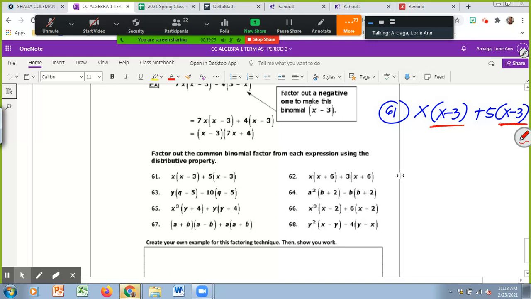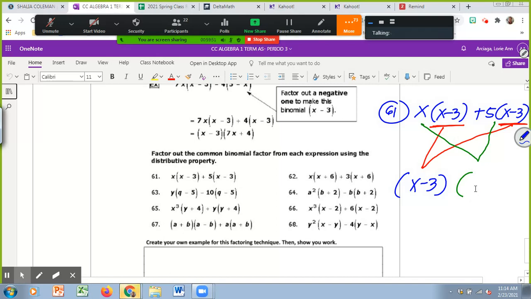They're called binomials because they have two terms, right? So you're going to bring down the common binomial, only once. So x minus 3, right? And then you just have to put the outliers together.